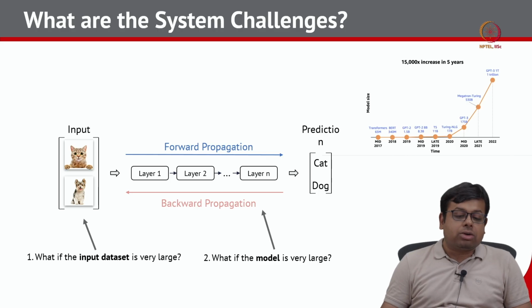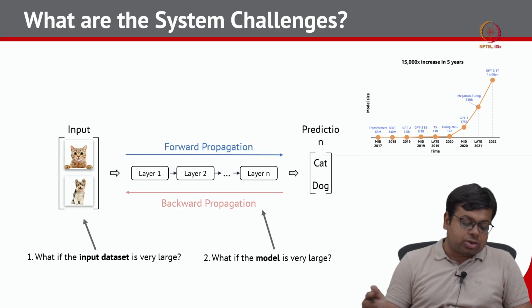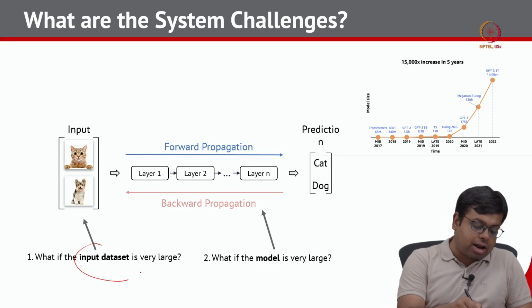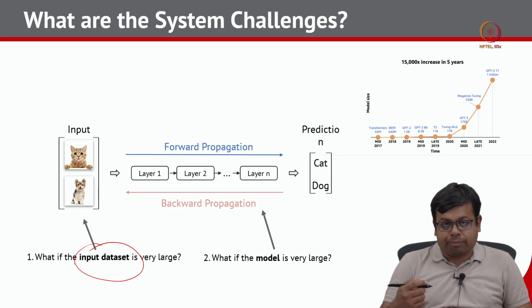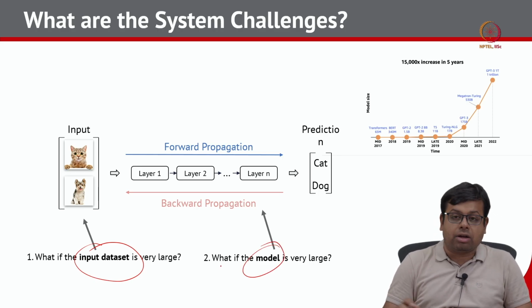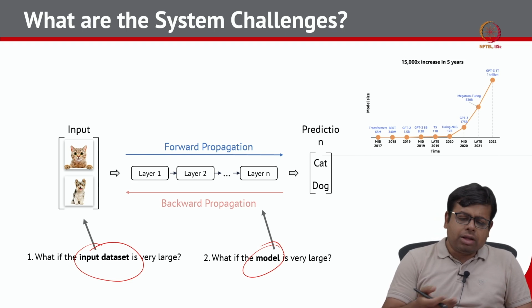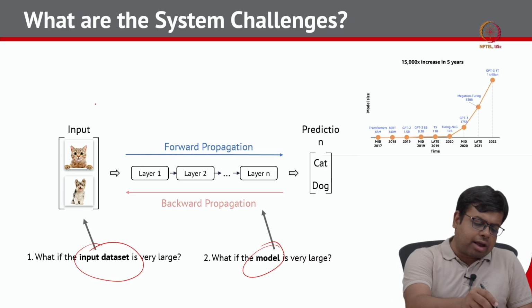Just as a reminder, what is the system challenge during training? If you remember, if the input data set is very large, then we use data parallelism. If the model is very large, then we use model parallelism, tensor parallelism, pipeline parallelism, etc. Again, as a reminder, we have this input.